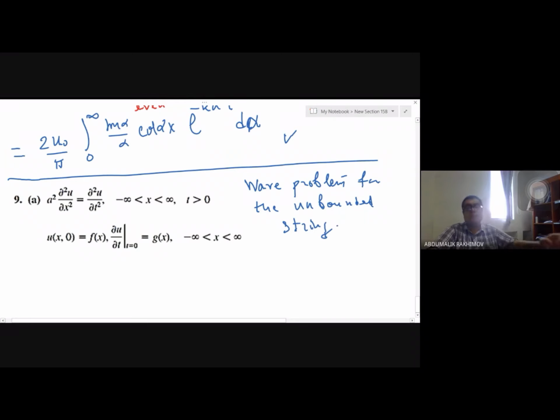This problem is about vibration of unbounded string. The reason is the same why we consider unbounded. So means we are investigating the part of the string which is very far from boundaries. Whatever boundary conditions, the influence will come later. So it has no sense for this problem.